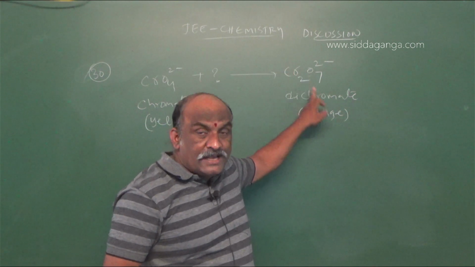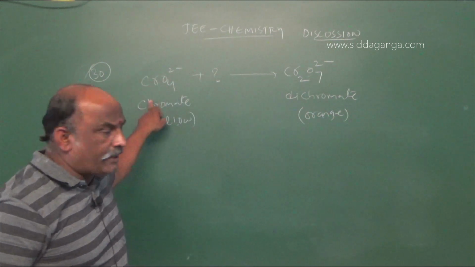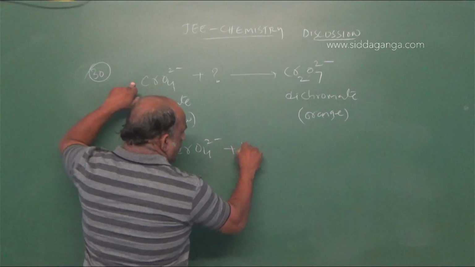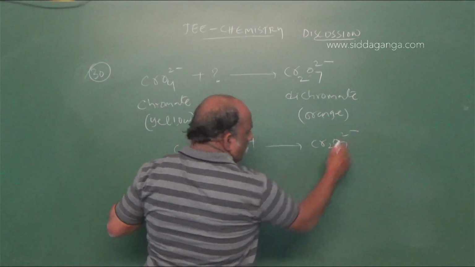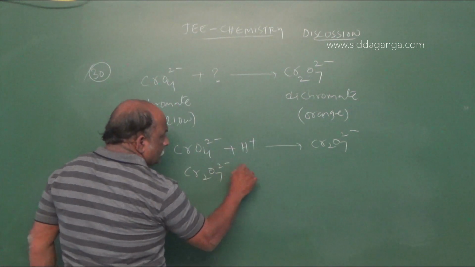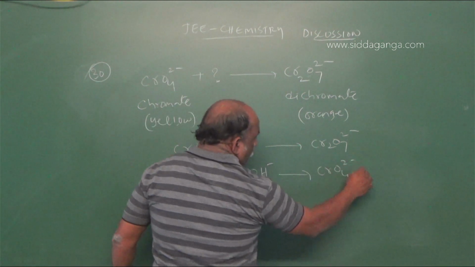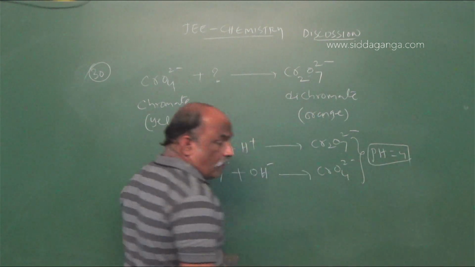Addition of base to dichromate converts it to chromate. So CrO4 2 minus, you add acid, then it becomes Cr2O7 2 minus. Cr2O7 2 minus, you add base, then it becomes CrO4 2 minus. This reaction takes place at pH 4.